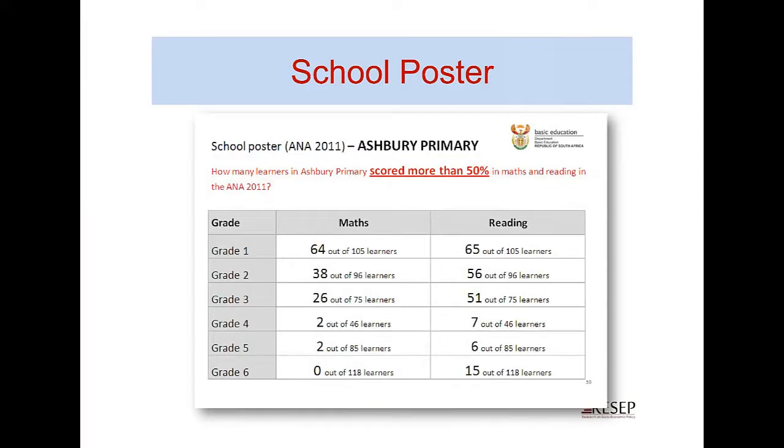So you can see here that 64 out of the 105 learners in grade 1 got more than 50%, whereas none of the 118 learners in grade 6 scored more than 50% for maths, where 50% is that sort of lowest benchmark. And then again, we're just hypothesizing here, but perhaps the parents would go home and say to their child who's in grade 6, were you one of the 15 that got more than 50%?